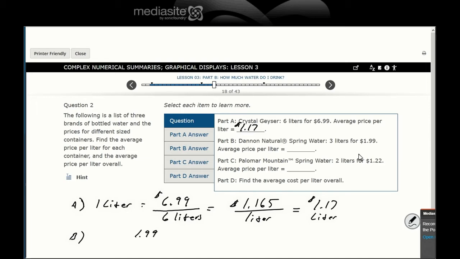So $1.99 for 3 liters, which reduces down to per 1 liter, and let's call that $0.66 per liter.